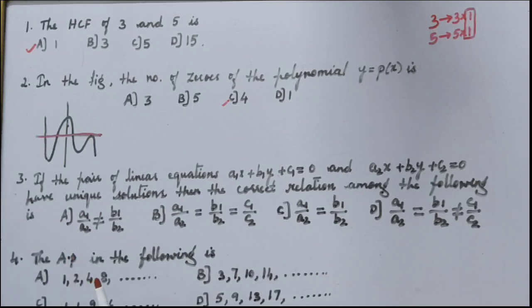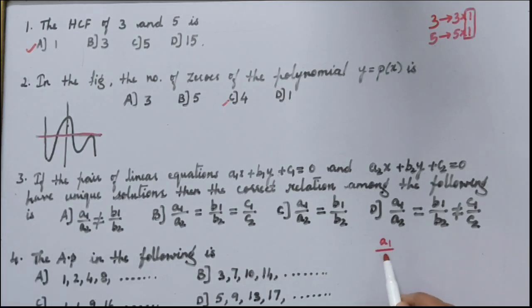Now we'll come back to the third question. If the pair of linear equations a1x plus b1y plus c1 equals 0 and a2x plus b2y plus c2 equals 0 have a unique solution, then let us learn about the relationship here.